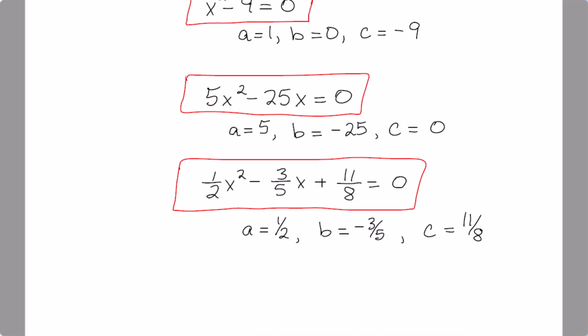It could even be the case that maybe I had 2.5x squared minus 11.6x plus 13.1 equals 0. So it could be the case that maybe A, B, and C are decimals. Any real number you like, just not allow the first one to be 0.